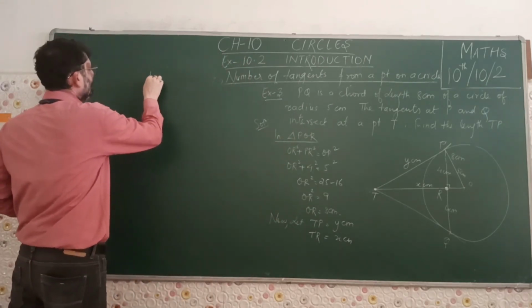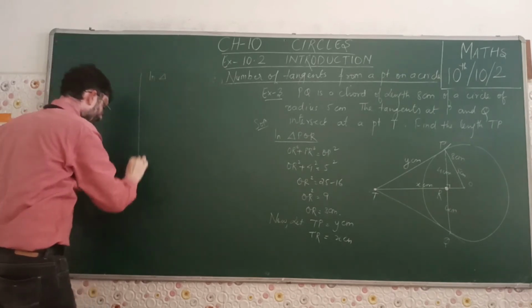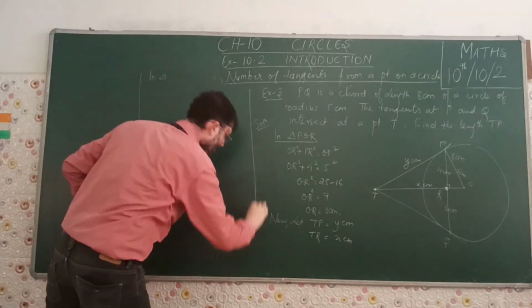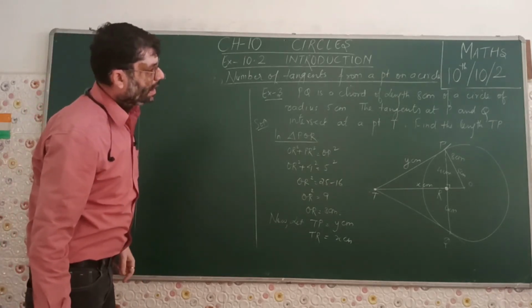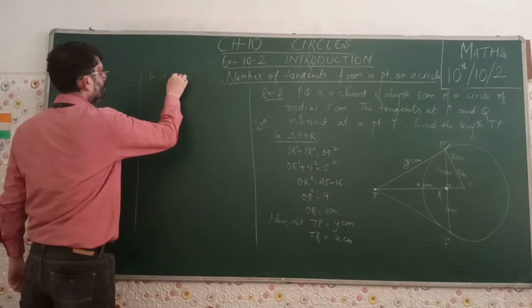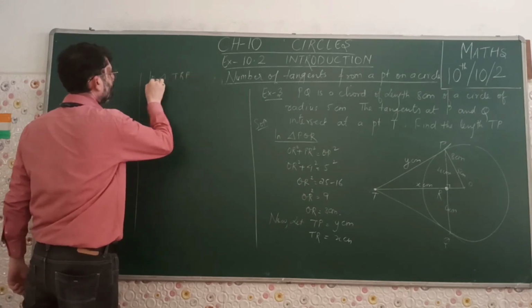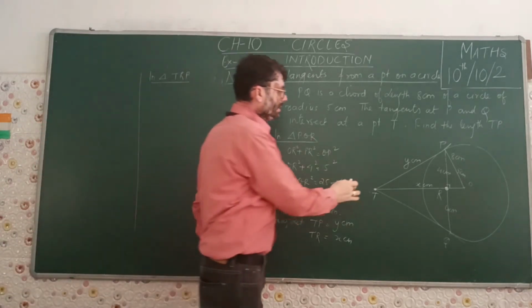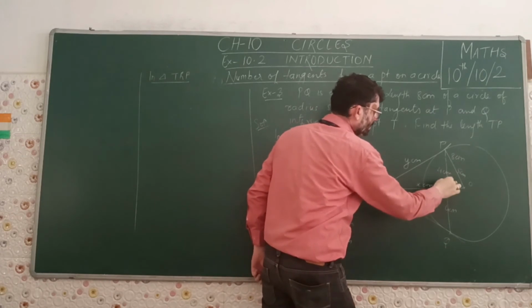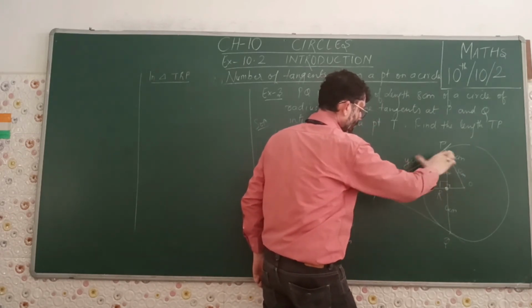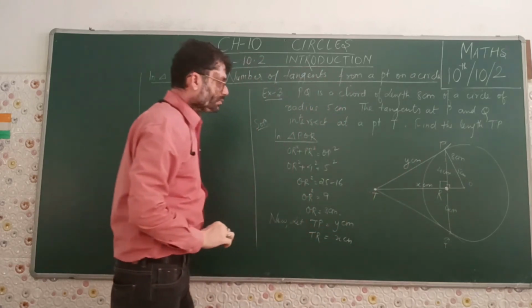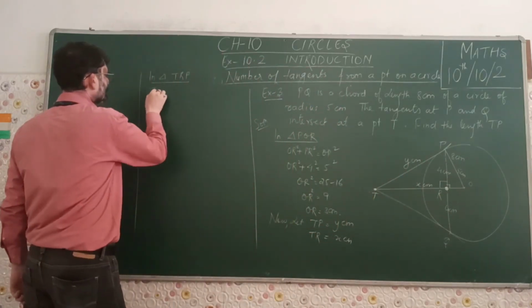So in triangle PRP, this is 90 degree. So PR square plus PR square is equal to PT square by Pythagoras theorem.